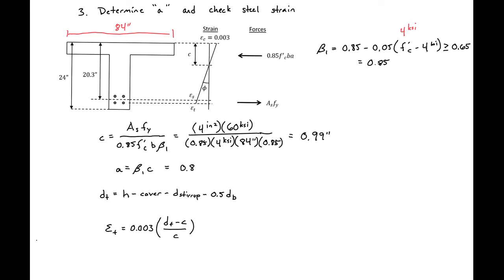We can use this to find our a. So 0.85, beta 1, times 0.99 gives us an a of 0.84 inches. So we can compare this to our flange height, and we see our flange height is 8 inches.